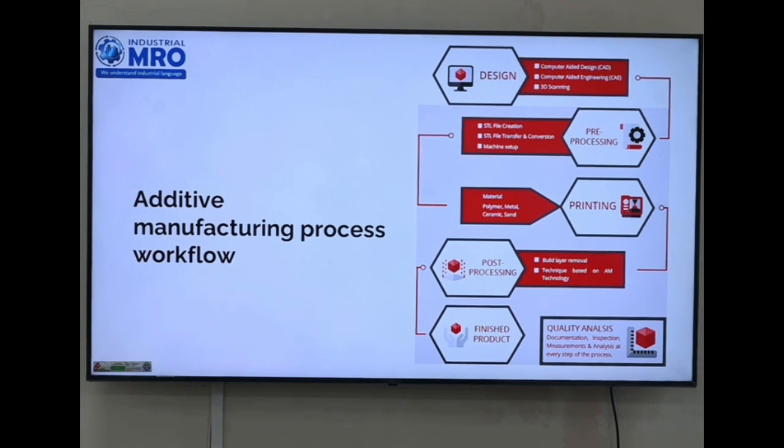In fine, the number of triangles will be more, so the part will be finer and the finish will be much better. So while creating the STL file, you need to take care that the more triangles you need, the finer part you get. You need to select finer settings while creating the STL.